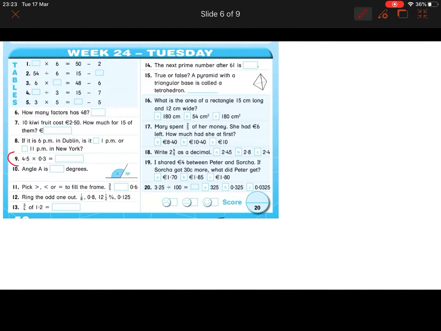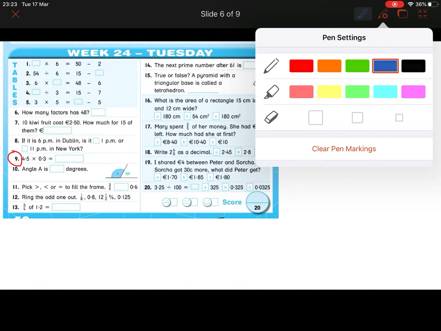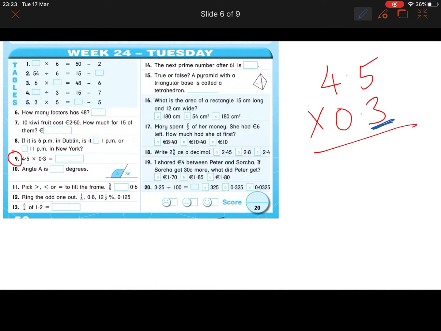The next one here that I'm going to go over is number 9. So 4.5 multiplied by 0.3. I know you're well capable of doing this multiplication, but take care with your decimal places. Remember, we're multiplying by a number that's less than 1.